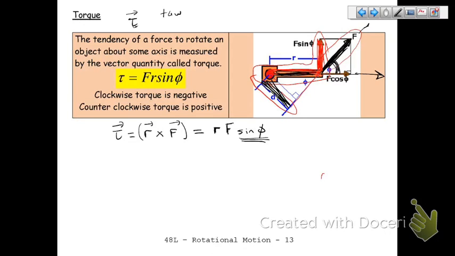So if I had a force like that, and I had a turning axis there, I would say, oh, okay, so there's my R, and here's my F, and that's the angle between them. Now, it turns out it doesn't matter, because if I take sine of 60, in fact, try it, sine of 60 and compare it with the sine of 120.